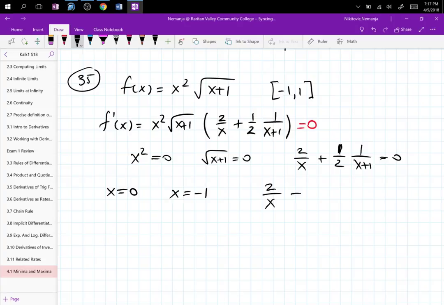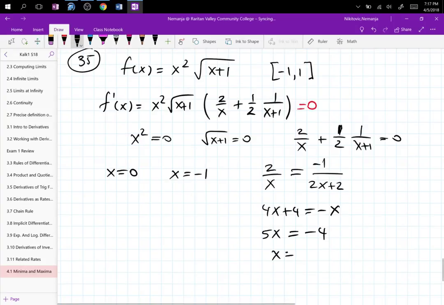You move this one to the other side. That's 2x plus 2 in the denominator. And then you cross multiply. You get 4x plus 4 is equal to -x. Move x to the other side, becomes 5x. Move 4 to the right. And then divide to get -4/5.